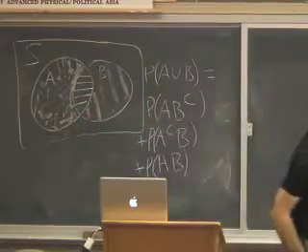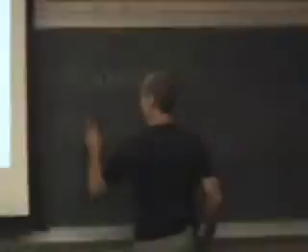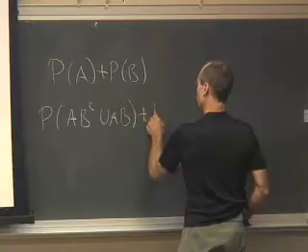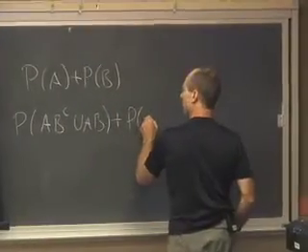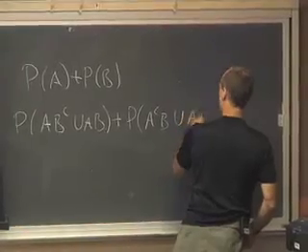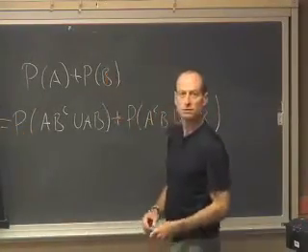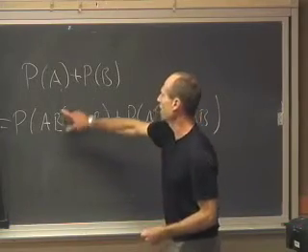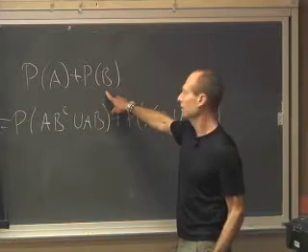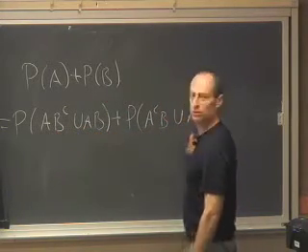Okay? So I can write that as the probability of AB complement union AB plus the probability of A complement B union AB. Right? Because that's just another fancy way of writing A, and that's a fancy way of writing B. But this and this are disjoint, and this and this are disjoint.